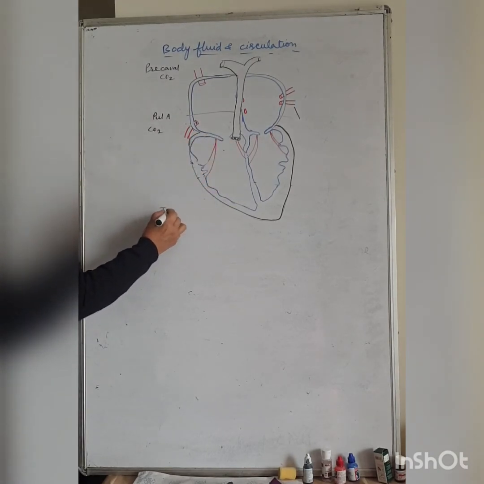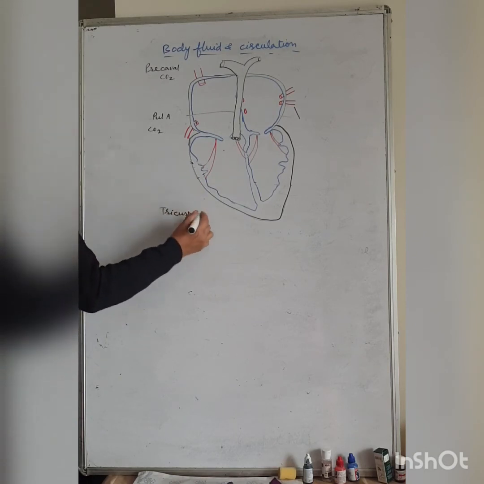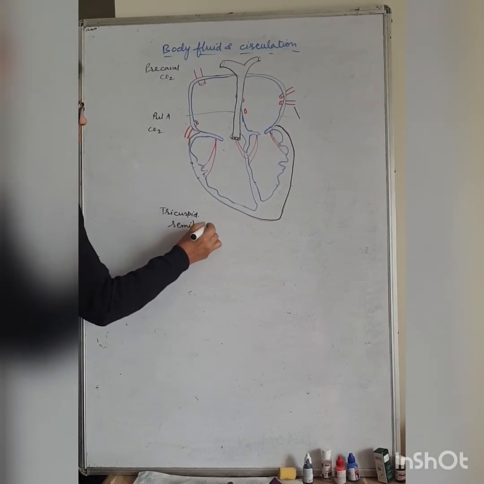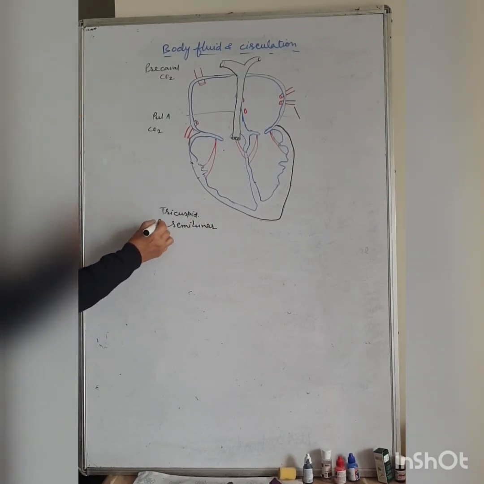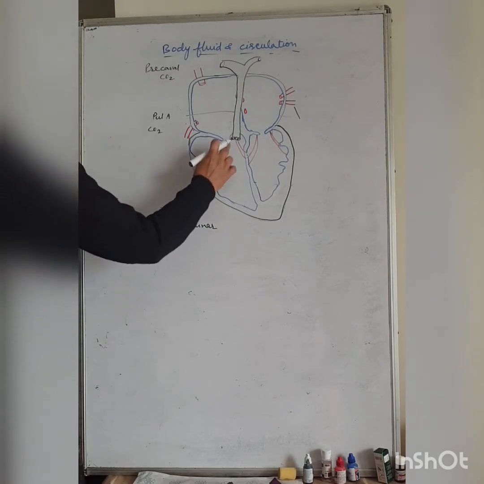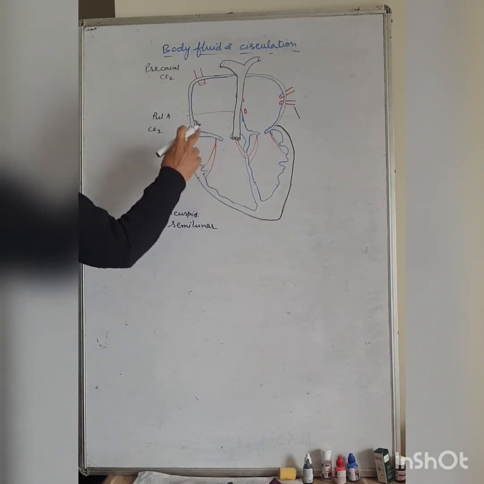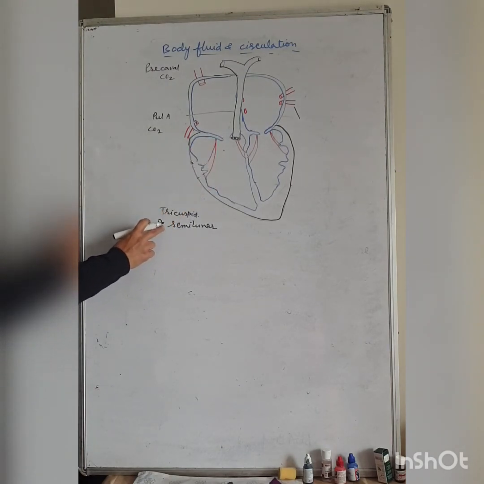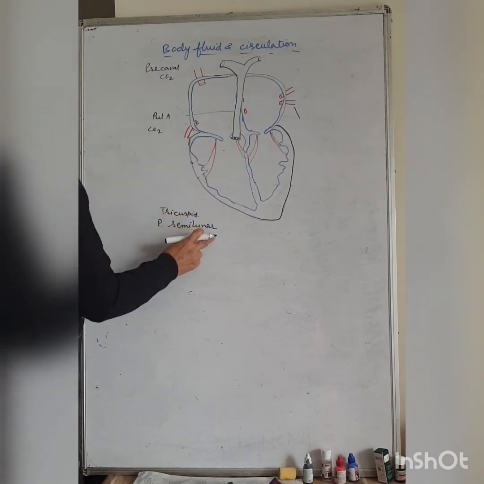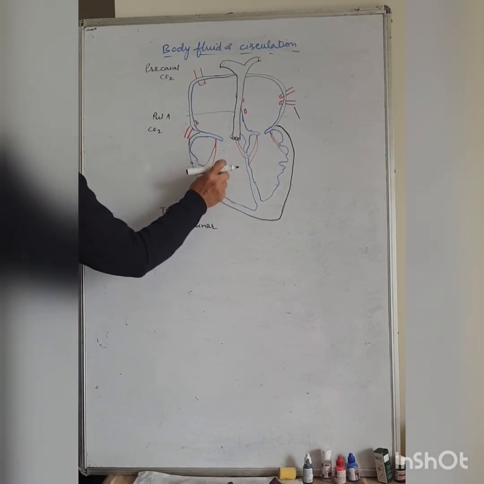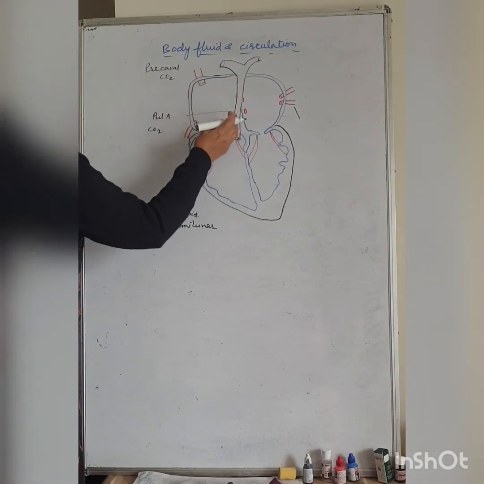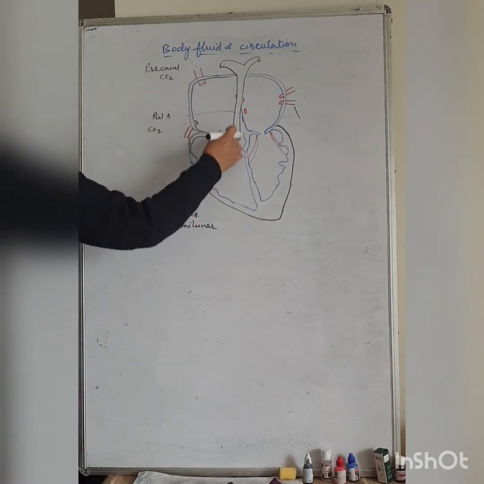This valve is also tricuspid, and it is called the semilunar valve, the pulmonary semilunar valve. When the right ventricle contracts, the blood is carried to the pulmonary artery, and these valves prevent the backflow of the blood.